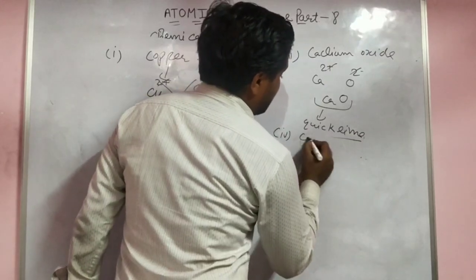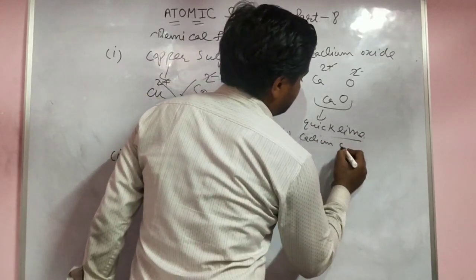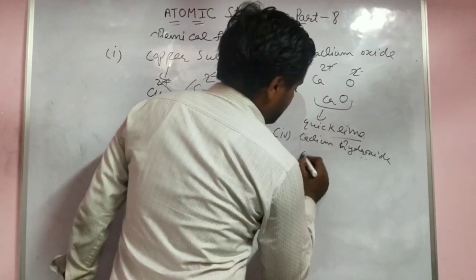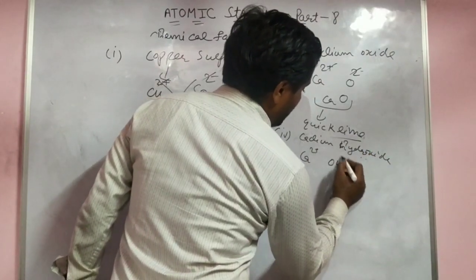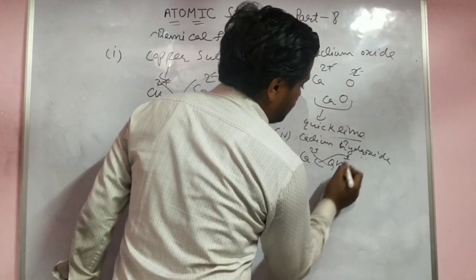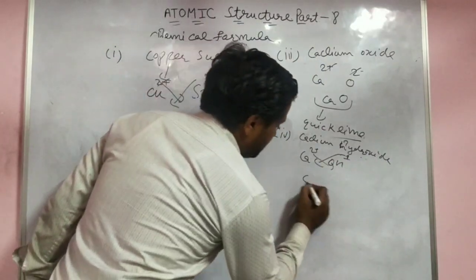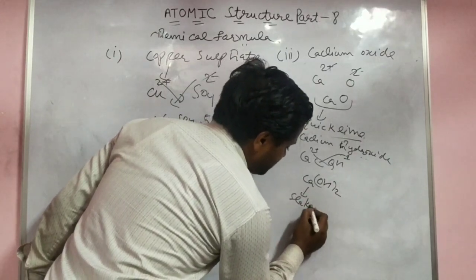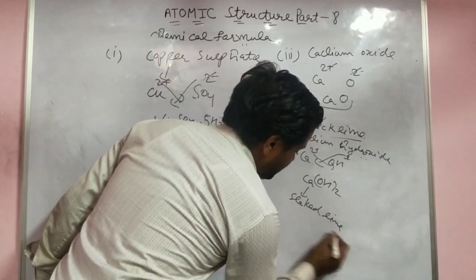Next is calcium hydroxide: Ca 2 positive, OH 1 negative. You know hydroxide is hydrogen and oxide, so that is Ca(OH)2. Its common name is slaked lime. The second common name is lime water.